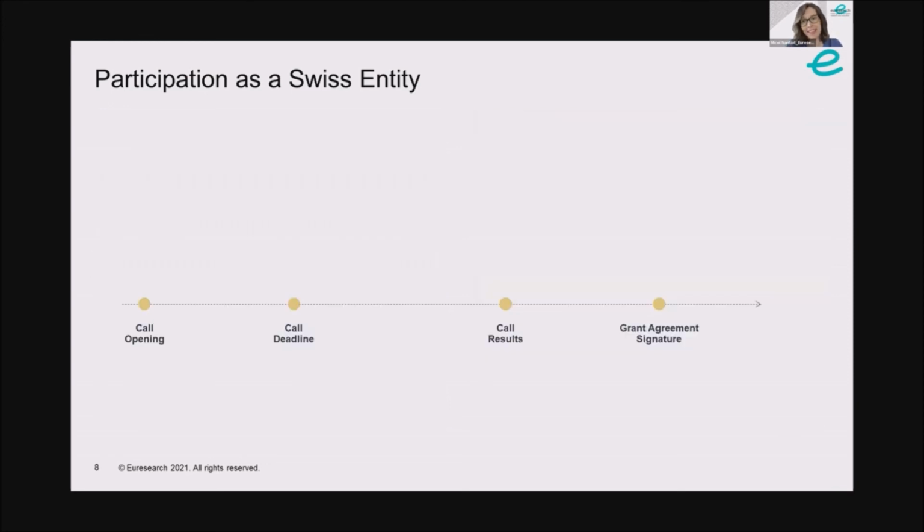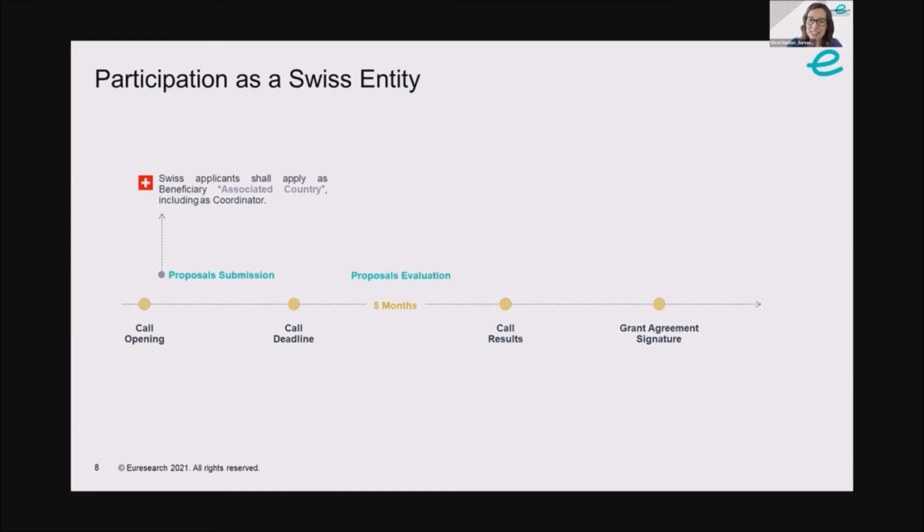So taking again the timeline that Francesco showed you earlier, here you have again the full timeline of how to apply for any of the calls. Remember, at the proposal submission it is possible to participate as an associated country, and it's also possible to participate as a Swiss entity as coordinator.